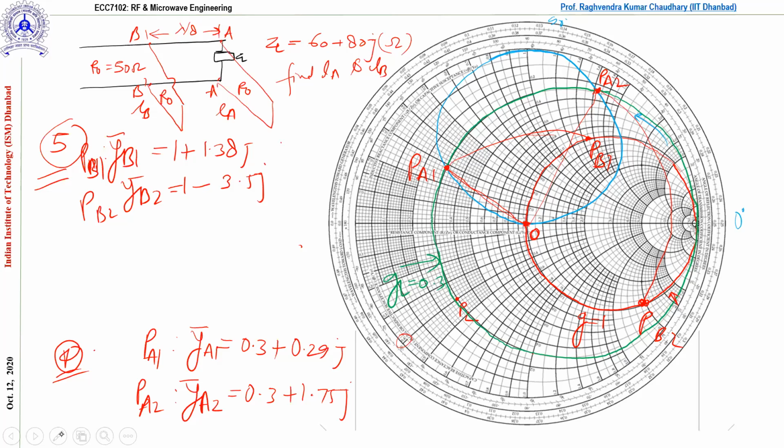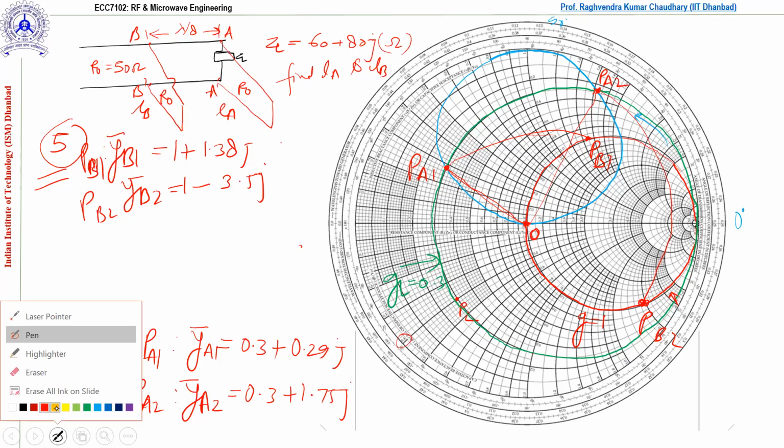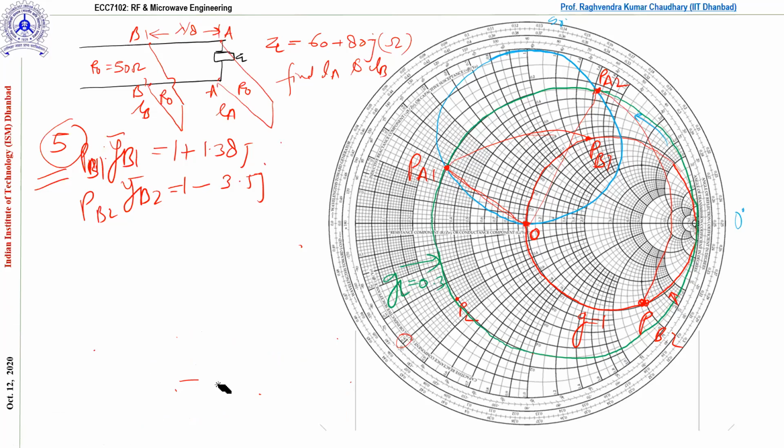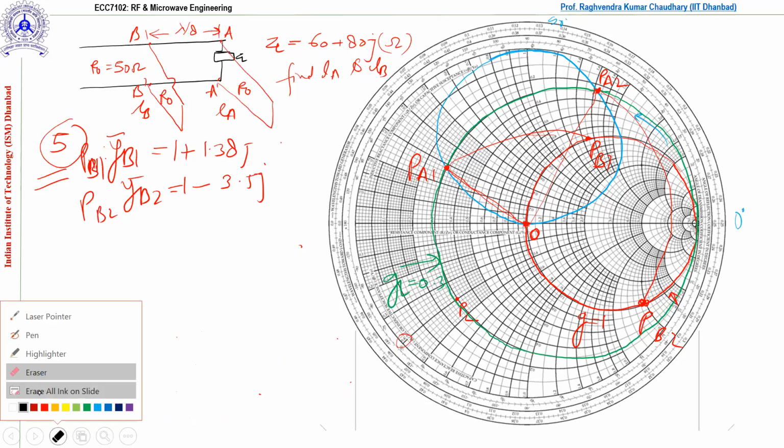Okay, so let us talk about the first one first. I can remove these things. Please note down all these things somewhere, because we are doing this over the Smith chart here, so I cannot draw again and again. So I have to remove.